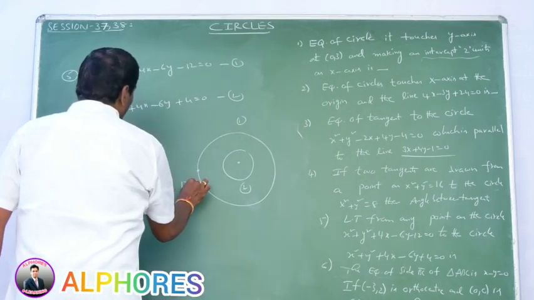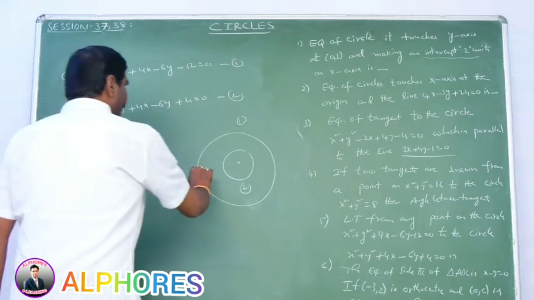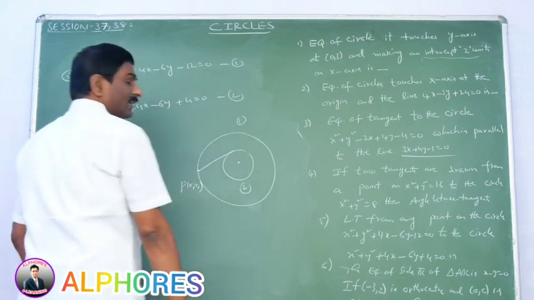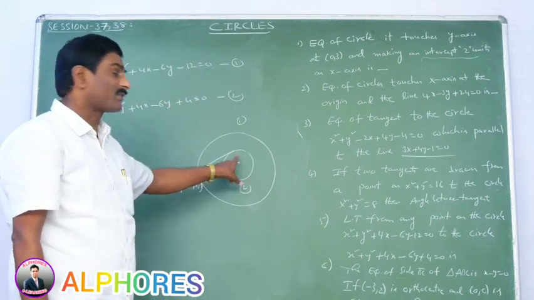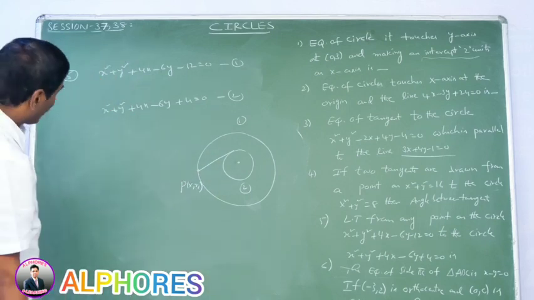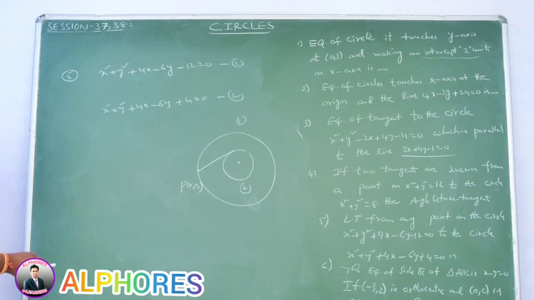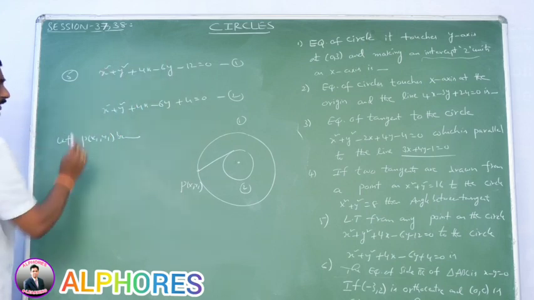Let P x1 comma y1 be any point on the first circle. Then length of the tangent from P to the second circle: length of the tangent from x1 point to any circle is equal to root s11. So in this case we find the length of the tangent in this way. Let P x1 comma y1 be any point on circle 1.